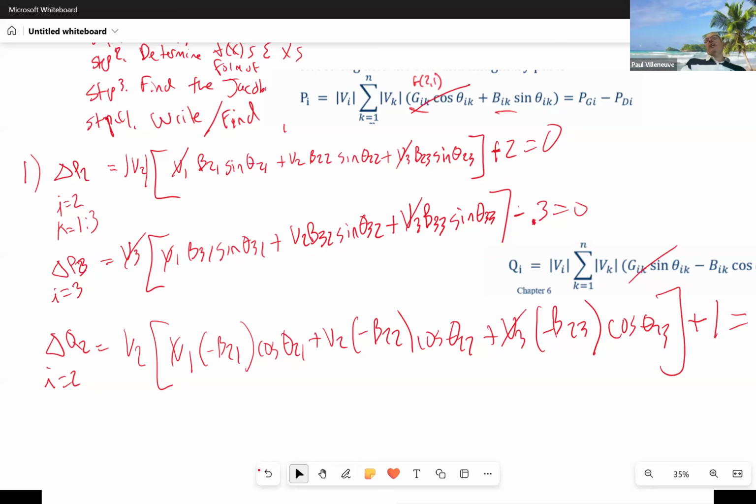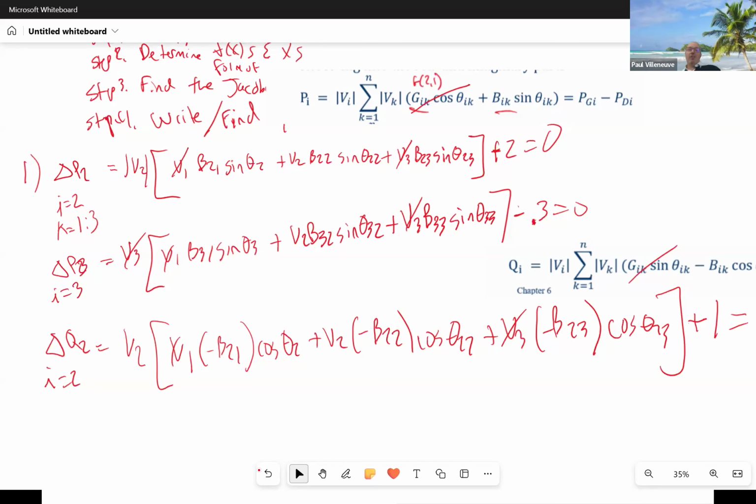Now we're also going to go ahead and recognize that theta 1 is equal to 0. So you see what it says theta 2, 1? That just becomes theta 2, because theta 2 minus 0 is just theta 2. Do the same thing here. And the same thing here.